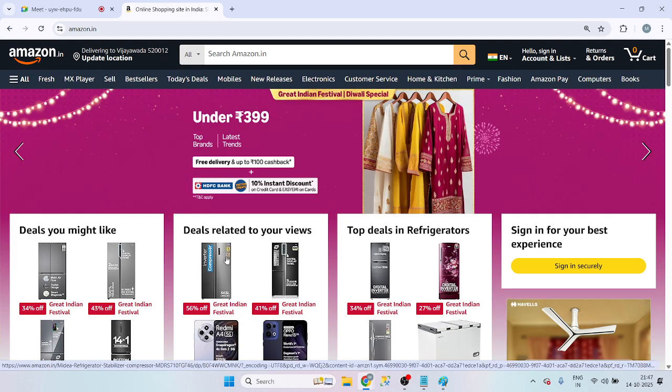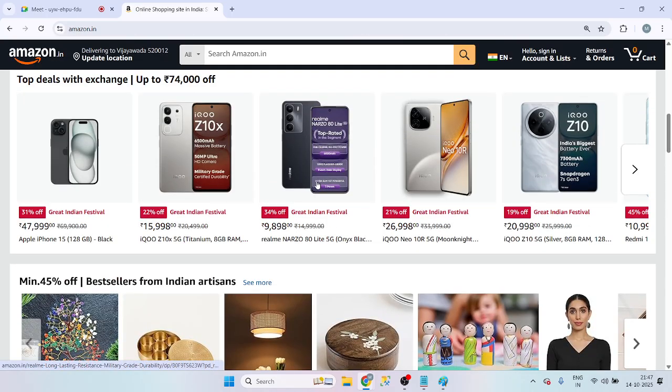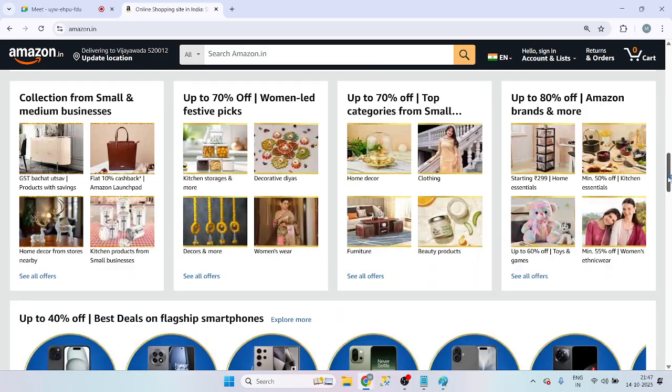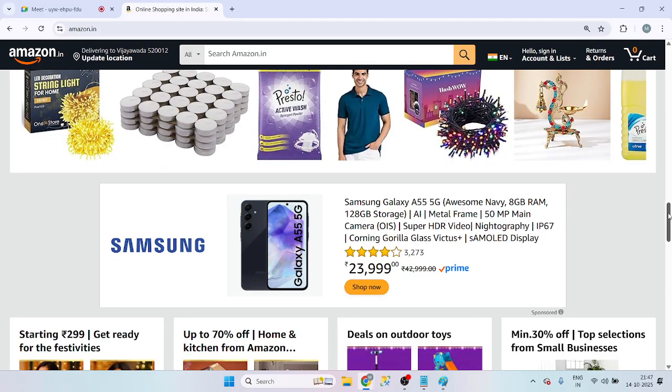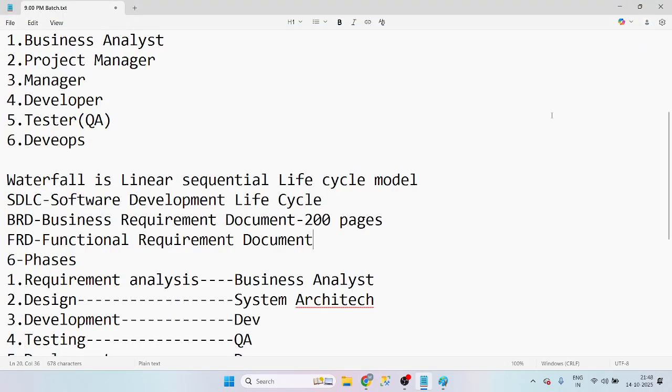This is called a mock-up screen. You can see a mobile. This is called a mock-up screen. You can see some candles. All these things are called mock-up screens. He will design like this, write the descriptions of all the modules and mock-up screens, and modify the documentation. It is going to be around 120 pages.